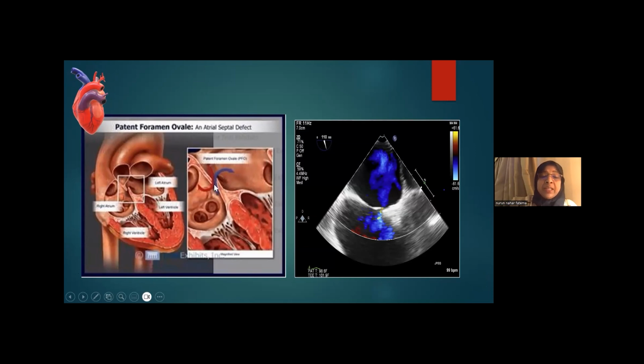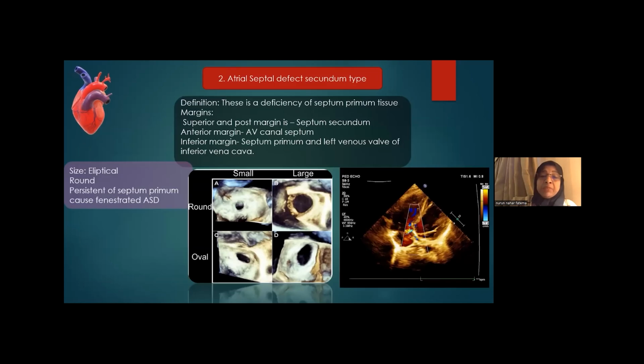This is a potential space, and it remains closed only because left atrial pressure is higher than right atrial pressure. But if there is any change in hemodynamics, this space will open, there will be a connection between the two atria, with flow from right to left, and there is a chance of thromboembolic events.